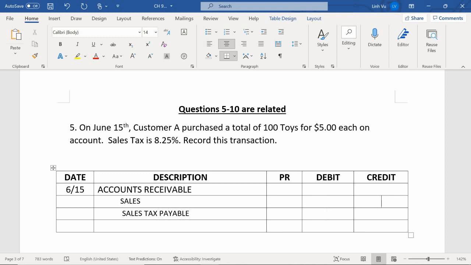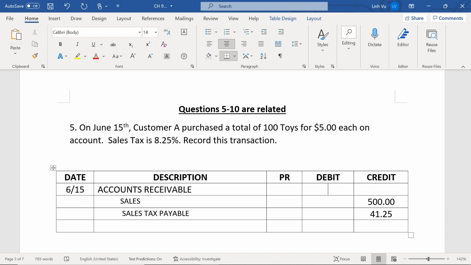So if I sold 100 toys at $5 each, what's my grand total amount of sales? $500. 100 at $5 each is 500. And then how much tax should I be charging? $41.25.